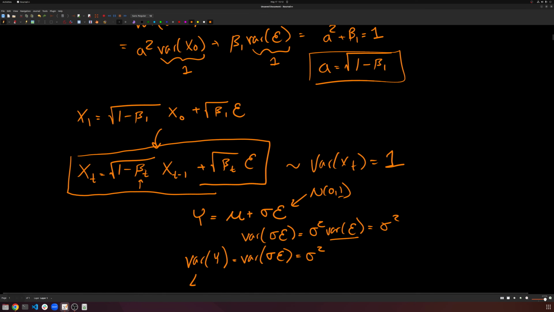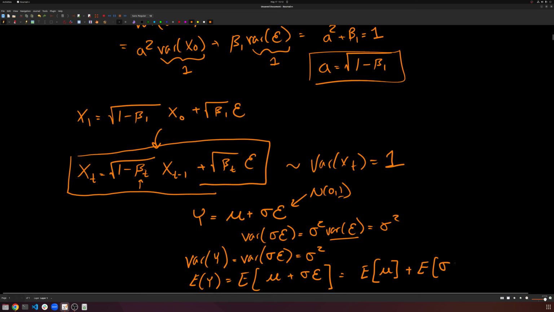On the other hand, what is the expectation, or the mean, of y? Well, that's going to be the expectation of mu plus sigma epsilon. And so that's going to give us the expectation of mu plus the expectation of sigma epsilon. Now, sigma is just a constant, so we can pull it out.